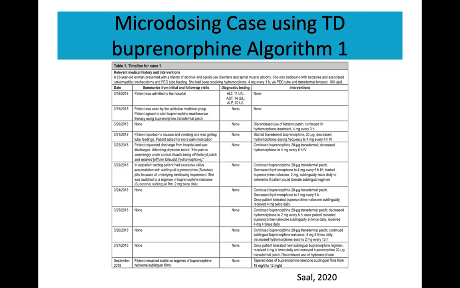Mm-hmm. And Becca had a question about psychiatric disease concern. And I would say that if we look at the opioid risk tool, there are certain psychiatric illnesses that make it more likely to be at risk for opioid misuse.